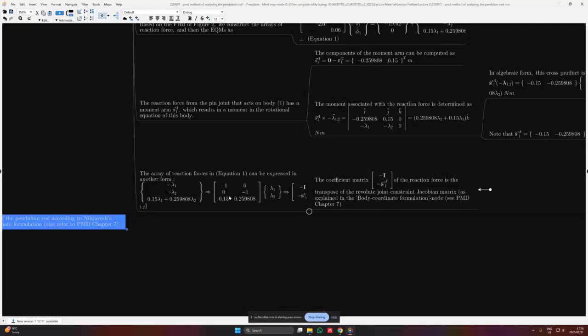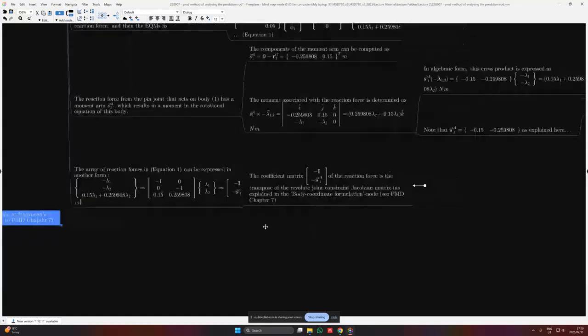And if I then just look at the coefficients of each of these, I can go and assign them in their own coefficient matrix, essentially. So the coefficient matrix, which is then minus I and this minus S1 prime A rotated of the reaction force, is the transpose of the revolute joint constraint Jacobian matrix. And this is explained in more detail in PMD chapter 7.